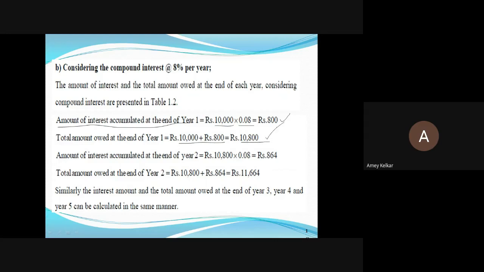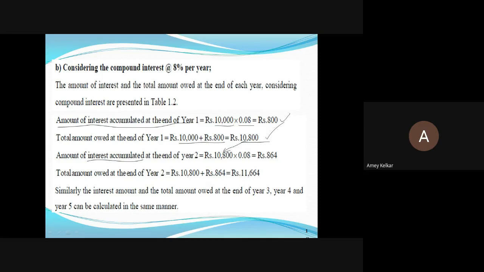Now this figure matches with your simple interest figure also, not an issue in this. But now in the second case, when you go for calculation of the interest amount, or here it is mentioned interest accumulated, we are not calculating the interest on 10,000. We have to calculate interest on 10,800. Now this is compounding. Okay, this is what we say as compounding.